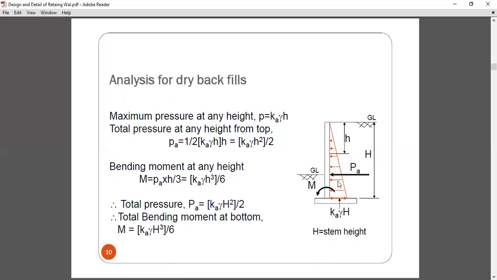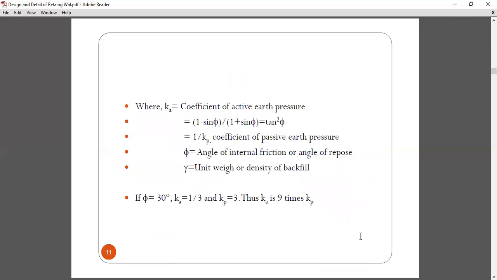Here, the height, the particular pressure Pa, the total height of the retaining wall, the fill material, the moment due to the filling, and the upward pressure. H is equal to the stem height. We have to decide the stem height sometimes, where Ka is equal to the coefficient of active earth pressure, which is 1 minus sine phi divided by 1 plus sine phi, equal to tan square of 45 minus phi by 2.